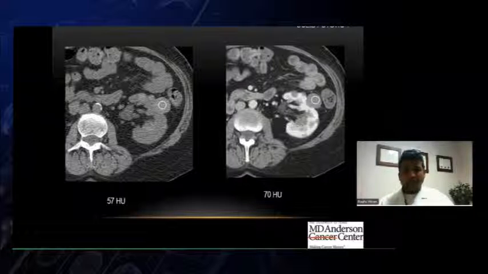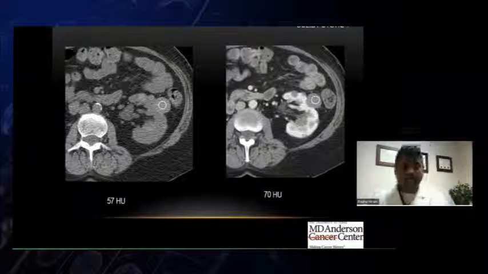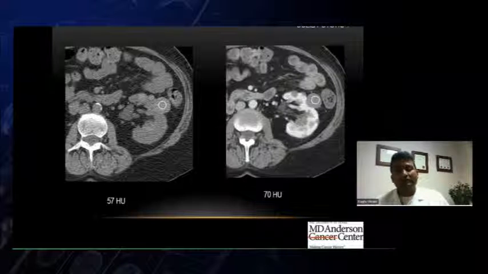And then you look at the post-contrast, and that is 70. So there is a difference of 13 Hounsfield units. Now, is that an artifactual increase, what we call pseudo-enhancement, or is that true enhancement? As you know, with all these multi-slice CT scans, the incidence or degree of pseudo-enhancement is much higher than with older generation scanners, and that has not been quantified yet.